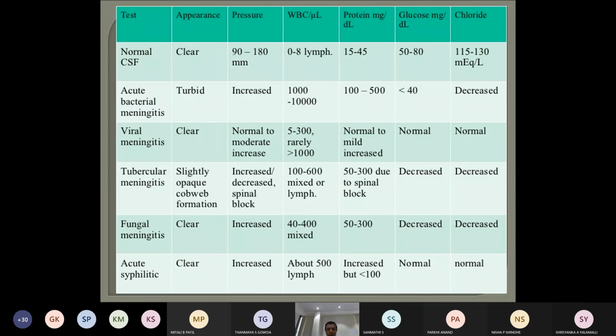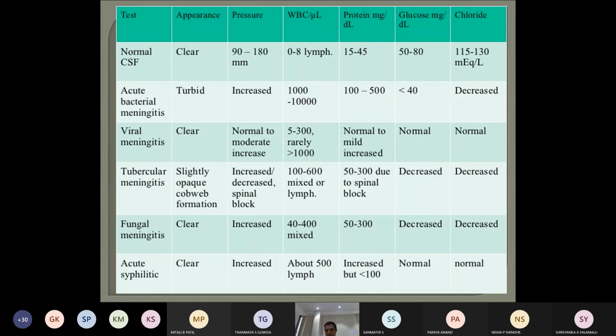One should know the basic aspects of CSF: what is normal, and what happens to the appearance, pressure, WBC, protein, glucose, and chloride. It gives physicians and laboratory faculty clues as to whether the condition is normal or abnormal by referring to this slide.